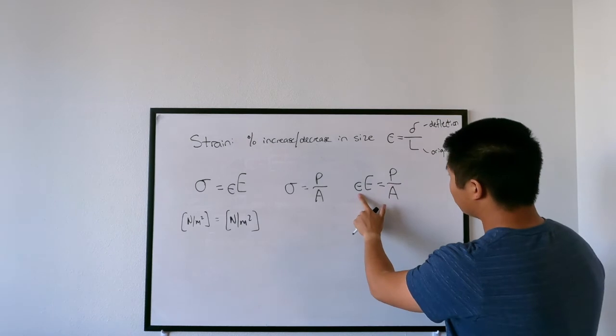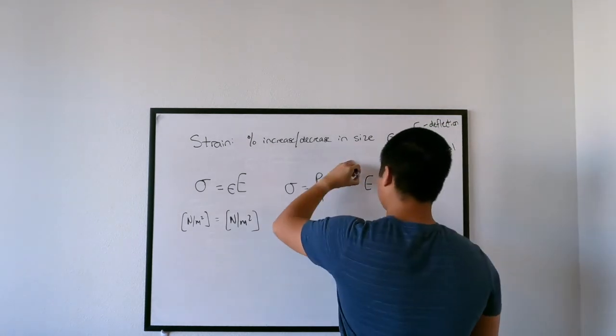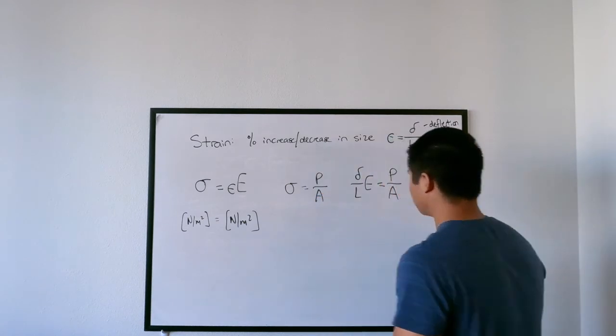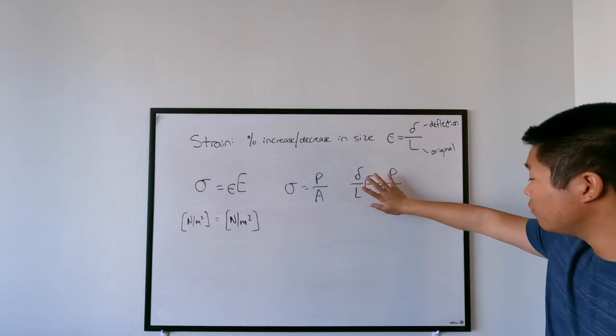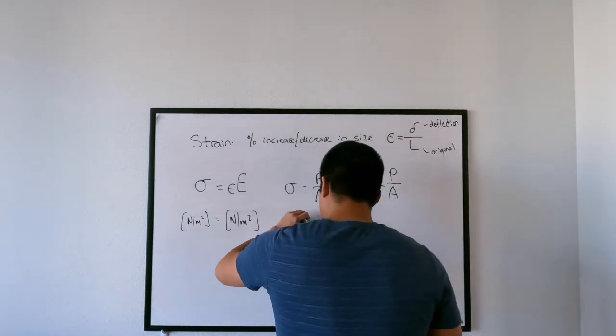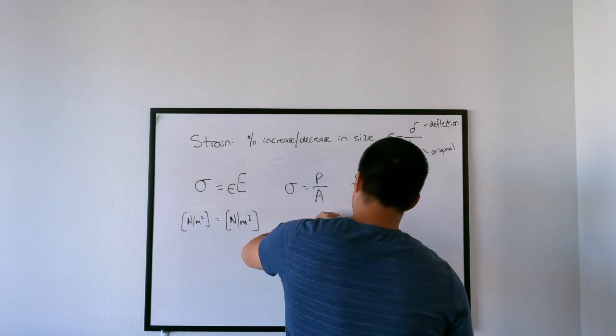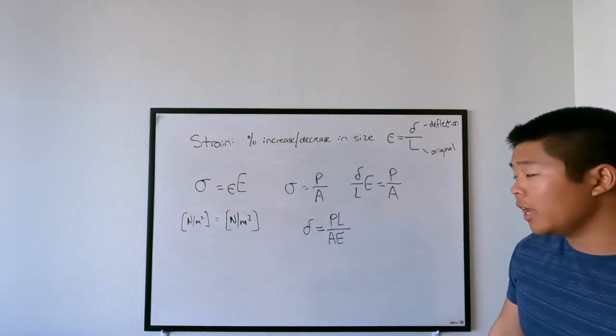Well, let's replace epsilon with delta over L. If we solve for delta, what we get is delta equals PL over AE.